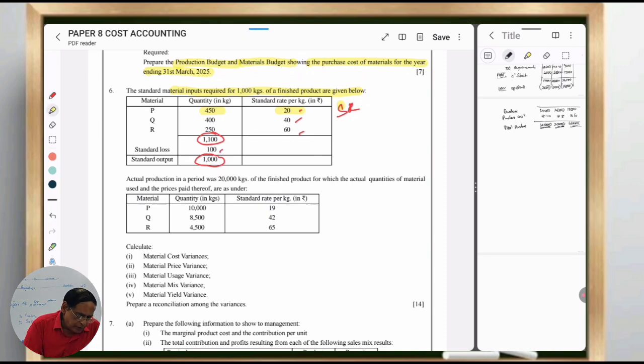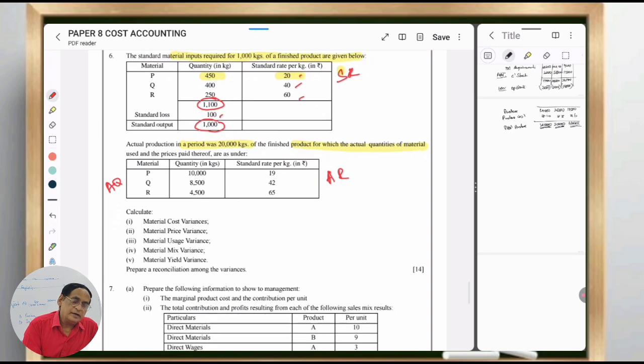The actual production in the period was 20,000 kg of the finished product, for which the actual quantities of the materials used, that is actual quantity, and actual rate are given. From this we will find out the actual cost of the materials. Here the standard price and the actual quantity. What are the things required? Material cost variance means standard cost minus actual cost.